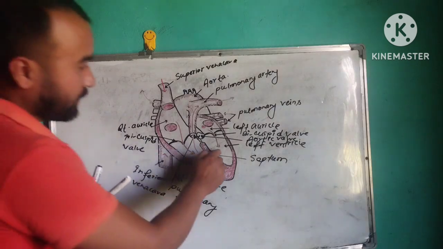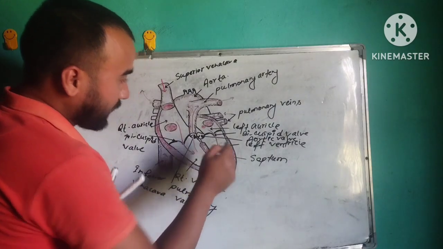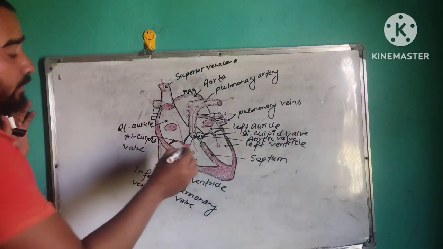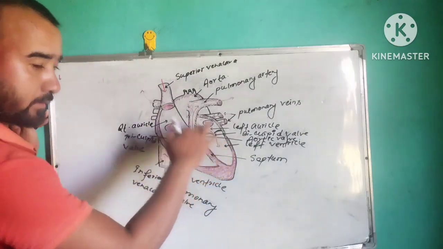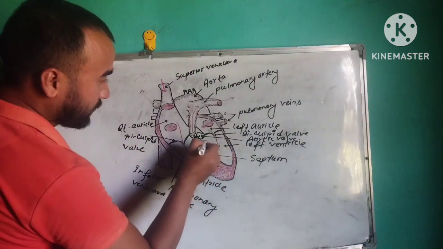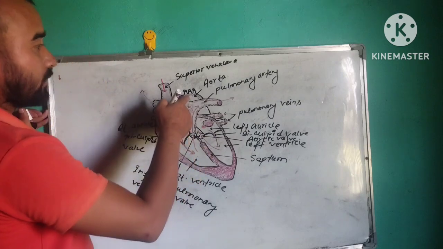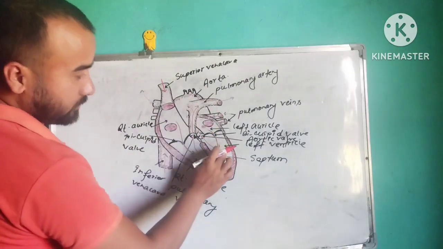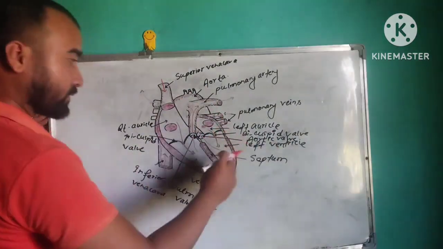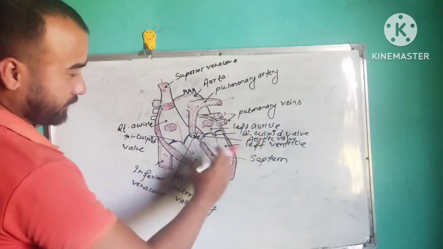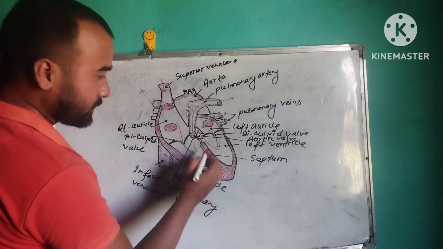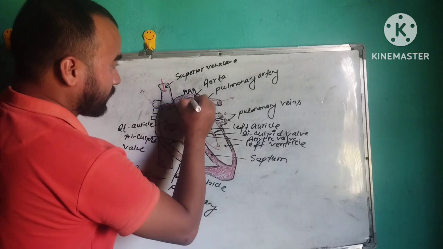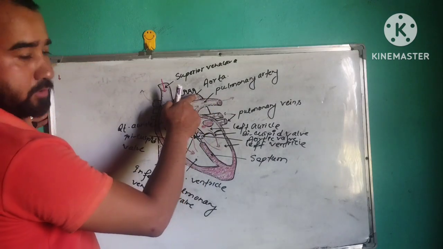And the blood is sent to the left ventricle, and after that, when the left ventricle contracts, the blood pumps to the aorta. That means when the left ventricle contracts, the aortic valve opens and the blood flows to the aorta.